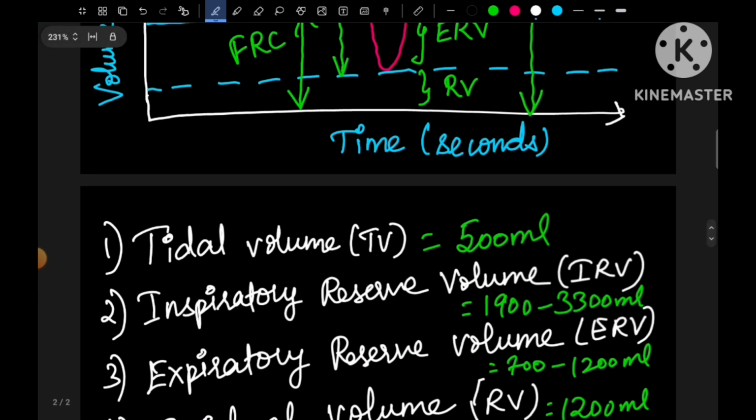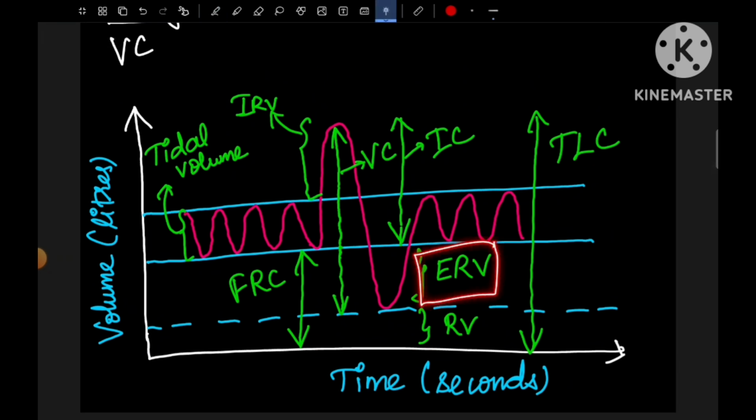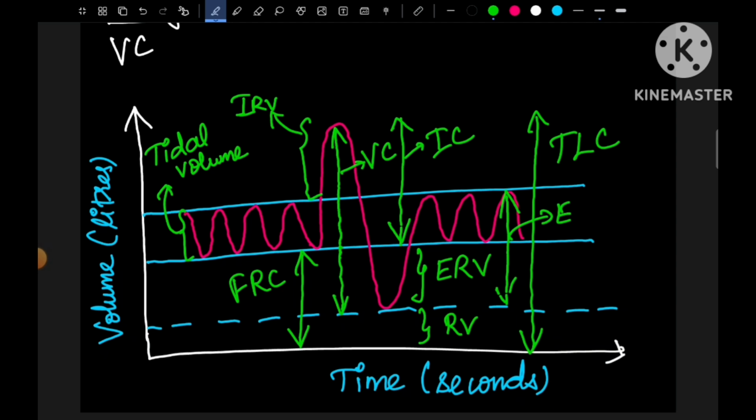So what is expiratory capacity then? What is expiratory capacity? See here, ERV plus TV. I think I have not mentioned it. Oh no, I have not mentioned it. Just a second, I'll write it here. Okay, this is EC.